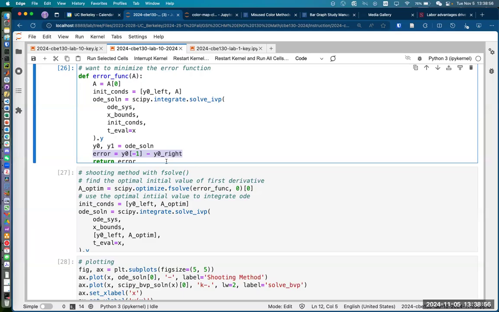Anyway, it should be y zero left without the. These lines shouldn't be indented.